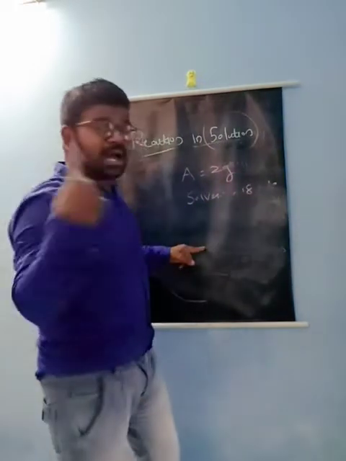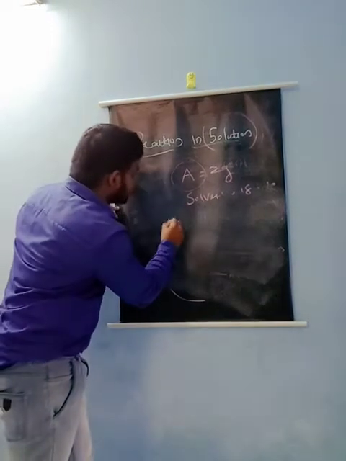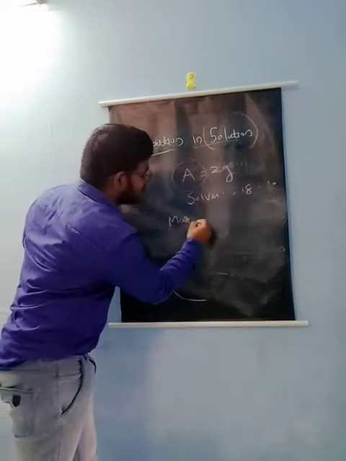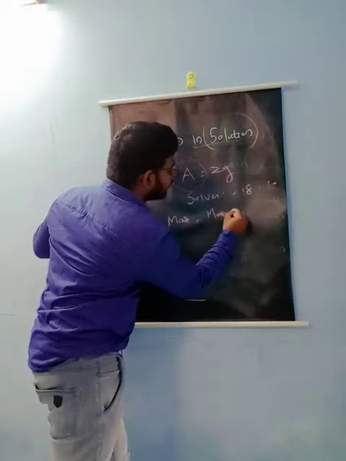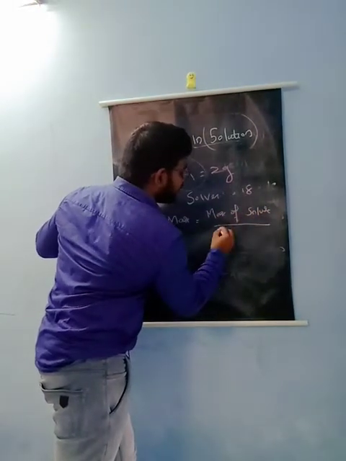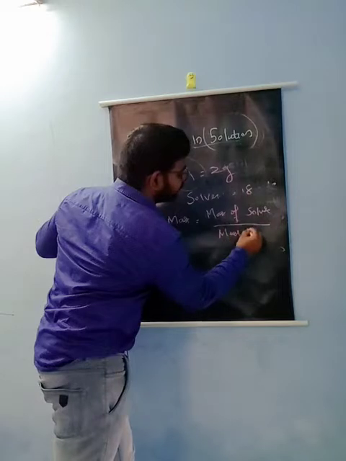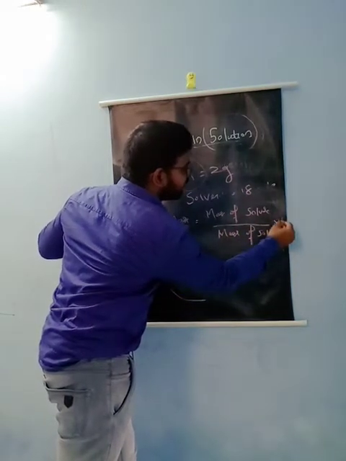We have to calculate the mass percentage of A. Mass percentage is equal to mass of solute divided by mass of solution into 100.